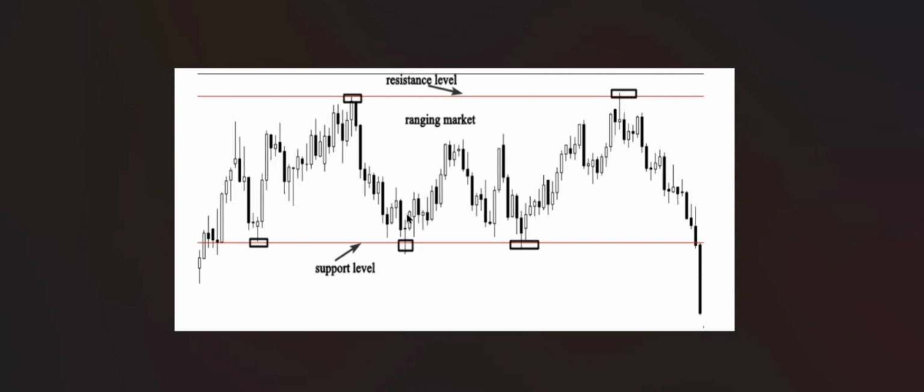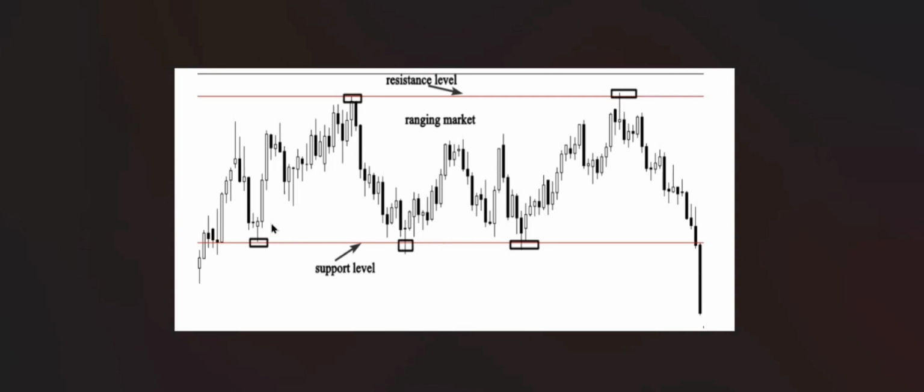The difference between trending markets and ranging markets is that trending markets tend to move by forming patterns of higher highs and higher lows in the case of an uptrend. Take note of this. And lower highs and lower lows in the case of a downtrend.